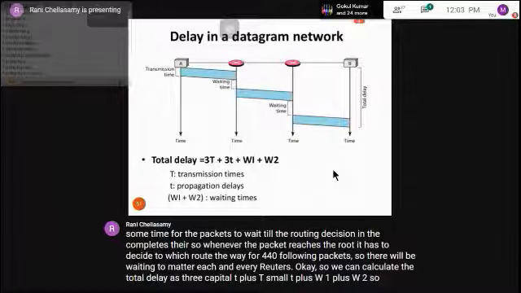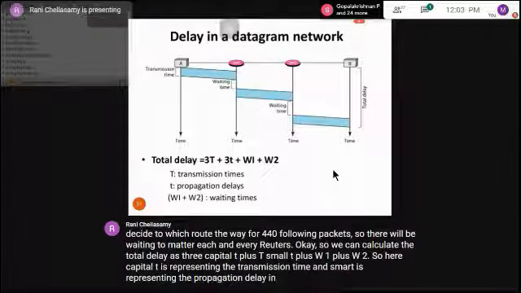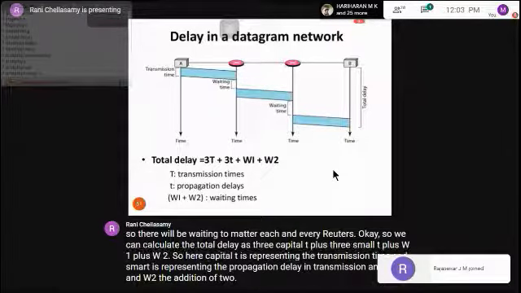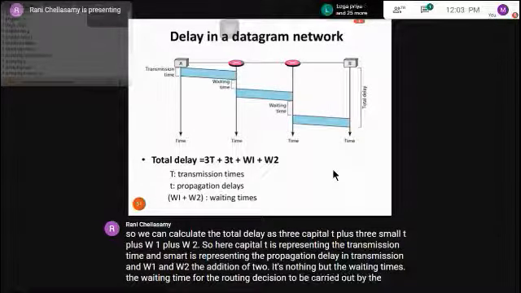Here capital T represents the transmission time and small t represents the propagation delay in transmission, and W1 and W2, the addition of the two, is nothing but the waiting times, the waiting time for the routing decision to be carried out by the router.